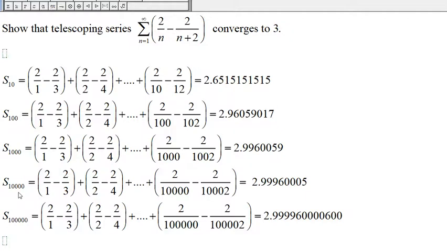The sum of the first 10,000 terms, term number 1, term number 2, up to the 10,000th term, we get 2.9996005. And the sum of the first 100,000 terms, term number 1, number 2, up to the 100,000th term, we get 2.99999.